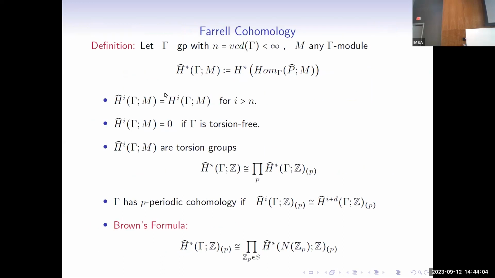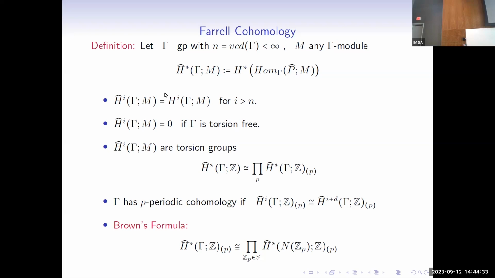So now, one thing also to look at in cohomology, and what we look at here is the Farrell cohomology of these mapping class groups. The mapping class groups can be very big, right? They are groups of finite virtual cohomological dimension, meaning that all of them contain a torsion-free subgroup of finite index, right?